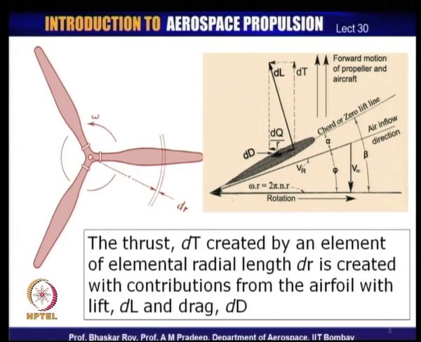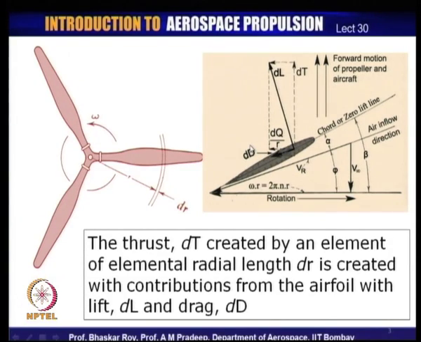Now, this force is what needs to be countered or matched by the torque that is supplied by the engine. So, torque, which is elemental torque, which is shown here as dQ divided by r, gives you the peripheral force that is coming in from the engine on this particular section, and that needs to be matched with the peripheral component of dL and dD.